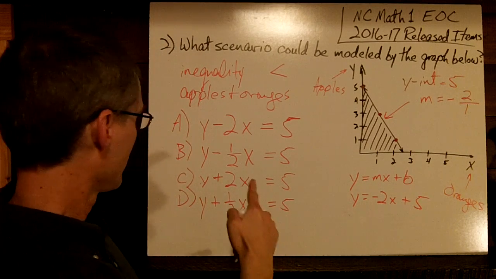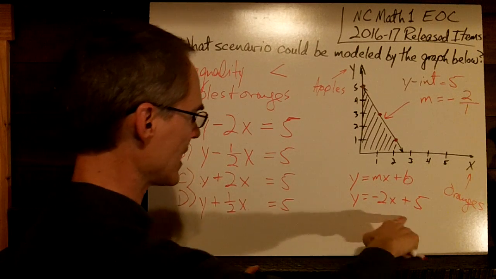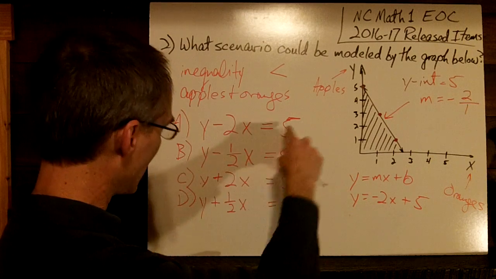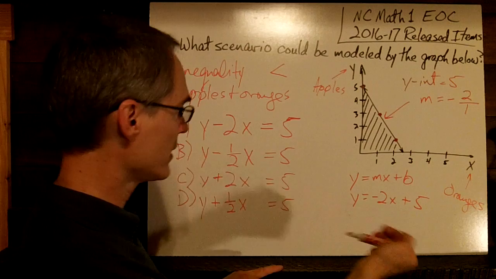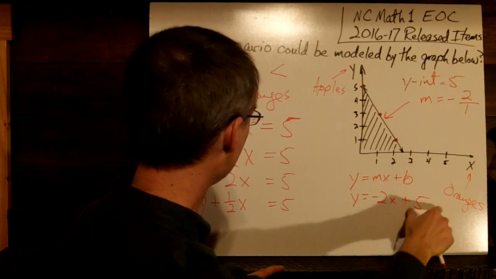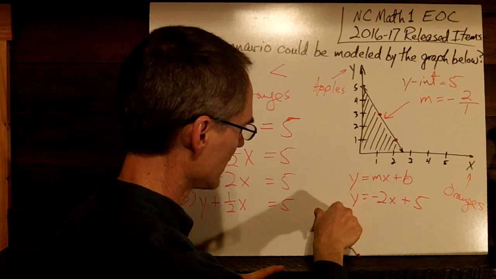Okay, but this isn't written... Oh, so none of these are actually written in this same form. Okay, how about if I rewrite this so that I've got 5 by itself, and then maybe it will match one of these over here. So if I want to get the 5 by itself on this side of the equation, then I want to get rid of the negative 2x and have it over here.